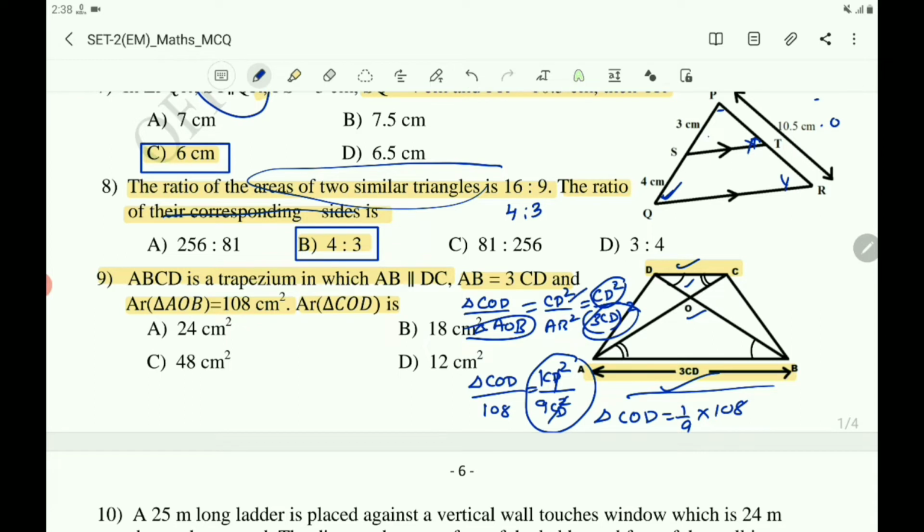So you take CD square by AB square, and AB is equal to 3CD, so you got the ratio CD square by 9CD square. So you will get 1 by 9 into 108, that is 9 ones are 9, 9 twelves are 108, so 12. So what is the answer? Option A is the answer. Note down the answer, option A.